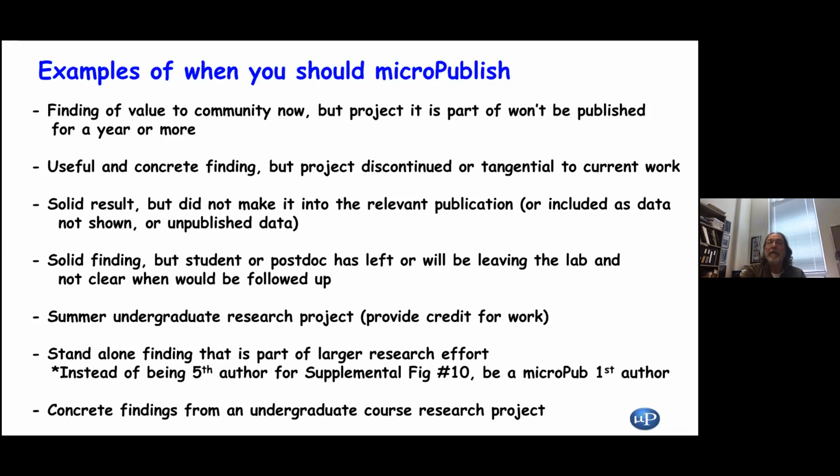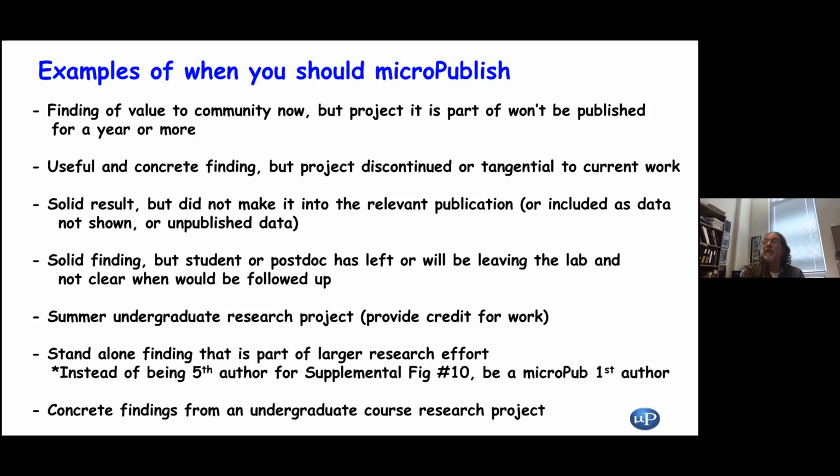One would be a finding that is of value to the community now, but the project is in an early stage and won't really come to fruition for one or more years. So for example, this would be a result that would be of value to the community.